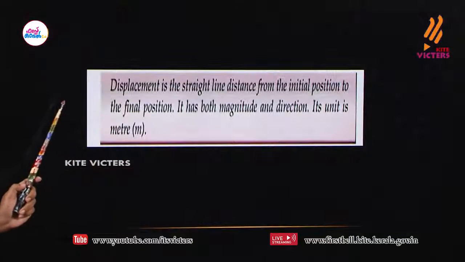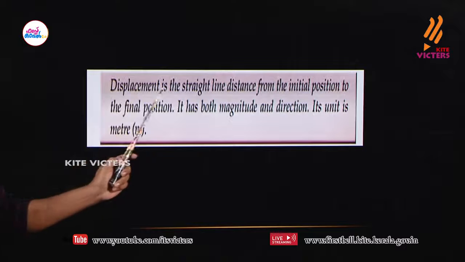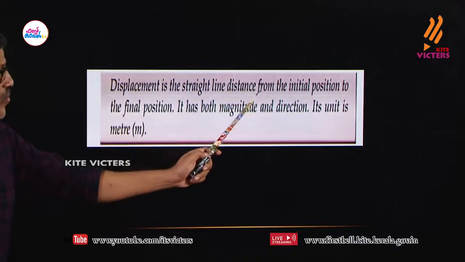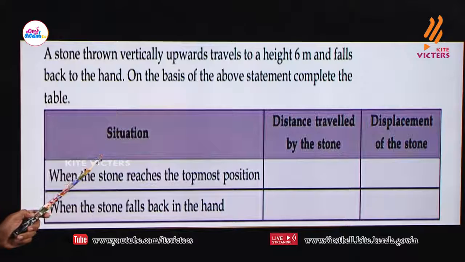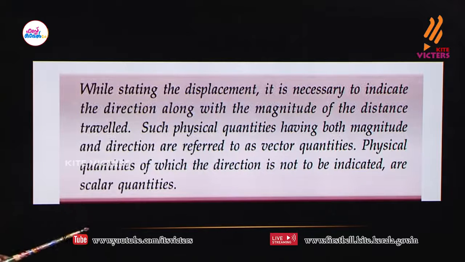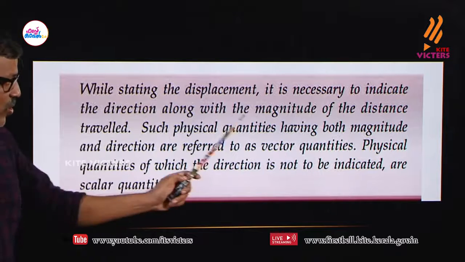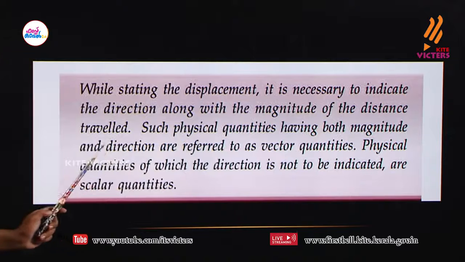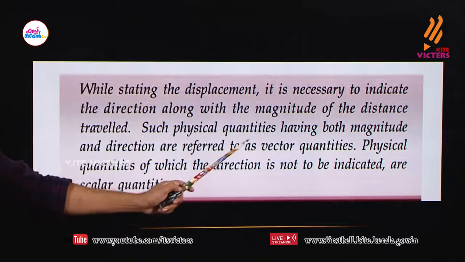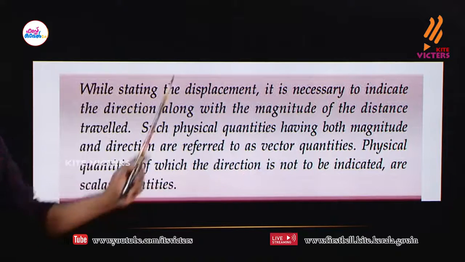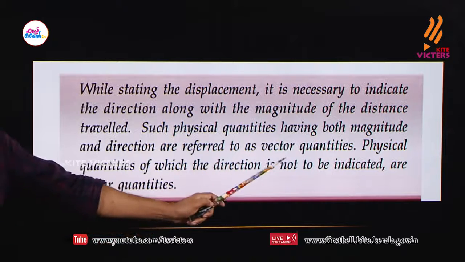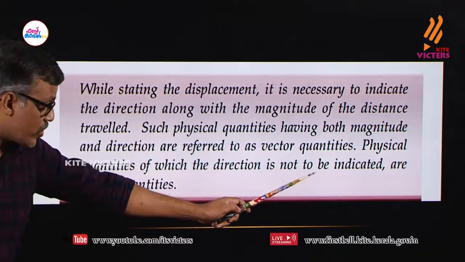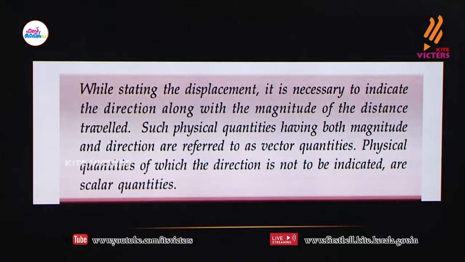And what is displacement? Displacement is the straight line distance from the initial position to the final position. And what is a vector quantity? Physical quantities having both magnitude and direction are referred to as vector quantities. And what is scalar quantity? Physical quantities of which the direction is not to be indicated are scalar quantities.